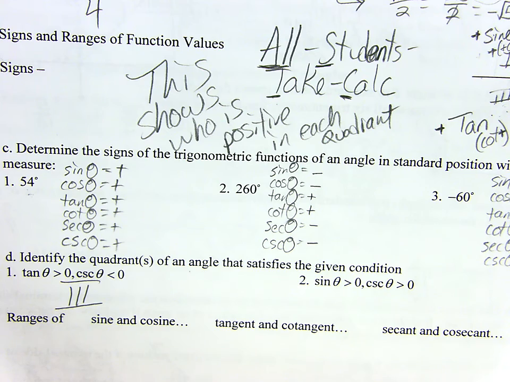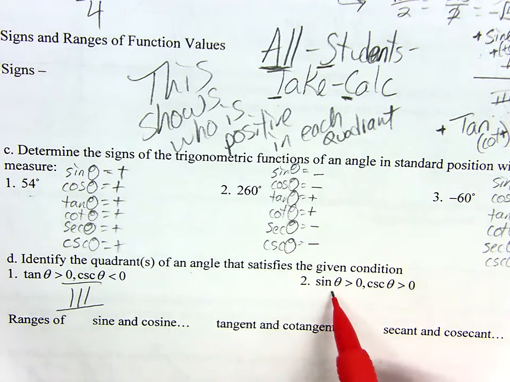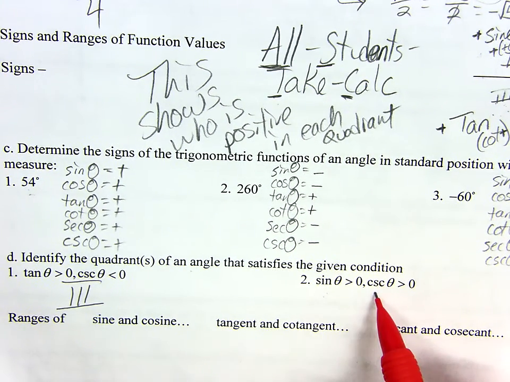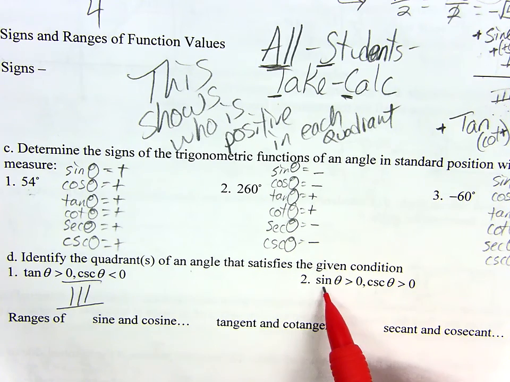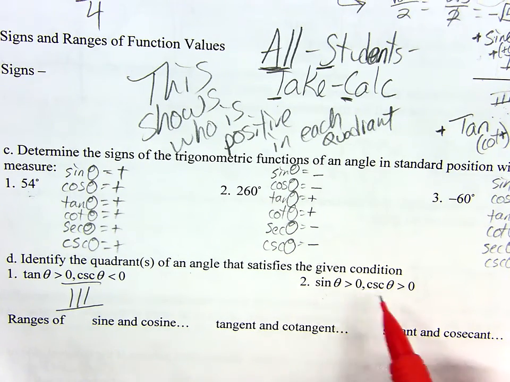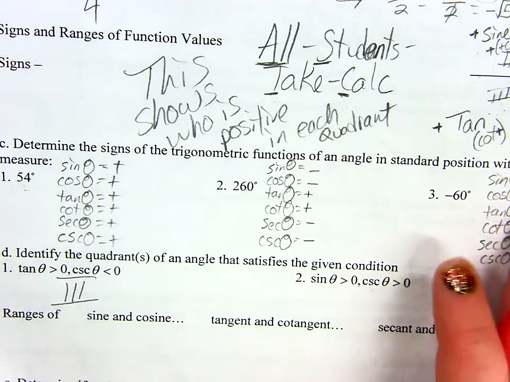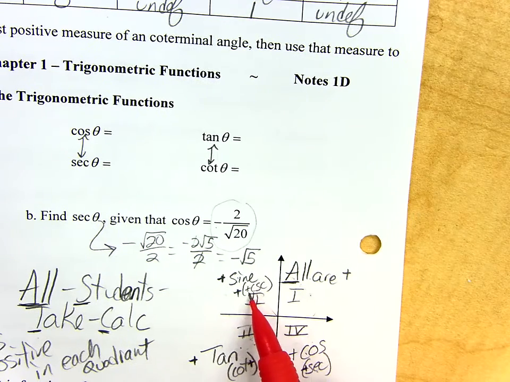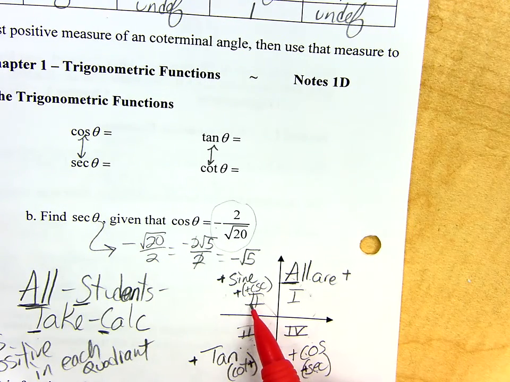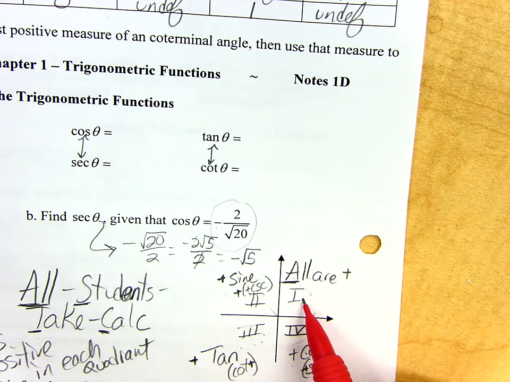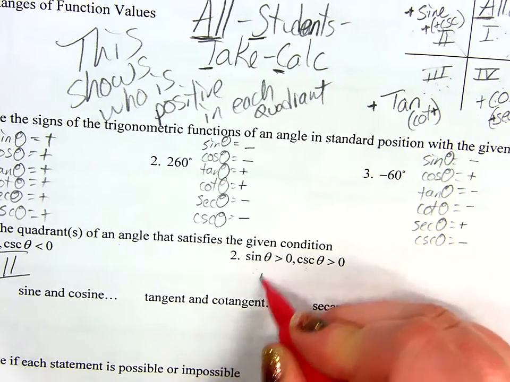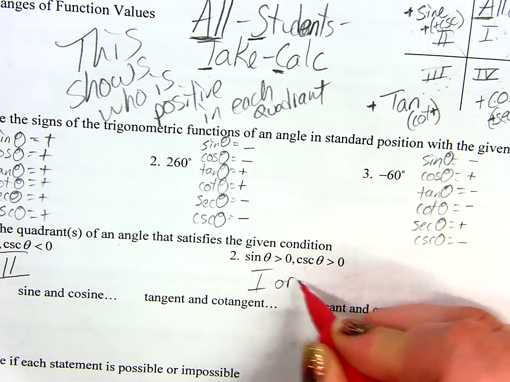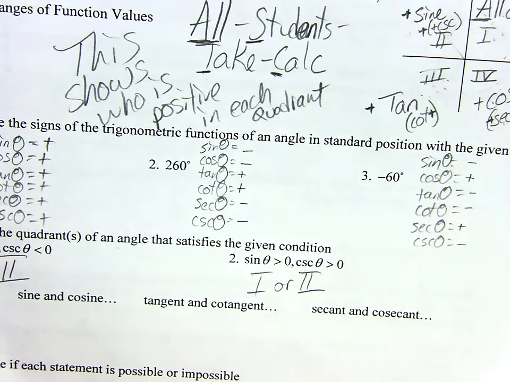Yeah, it actually works for one and two because sine and cosecant are reciprocals of each other, right? So if that's positive, the reciprocal is going to be positive anyway. So two is definitely a possibility and one is still a possibility because everybody's positive there. So that one works in one or two. All right, so I think I'm going to stop here.